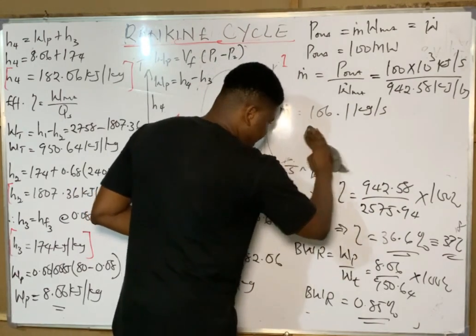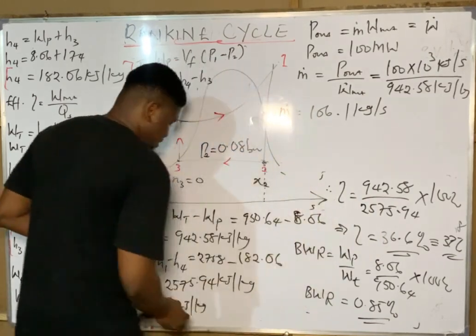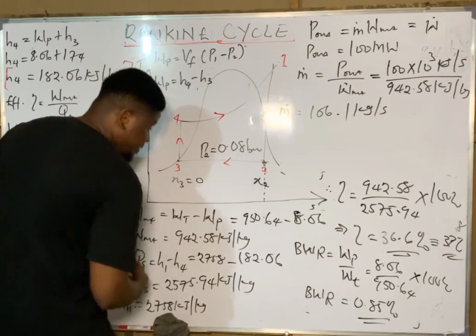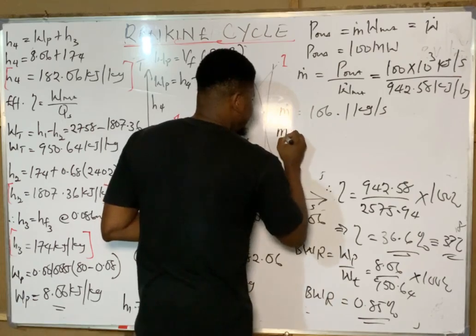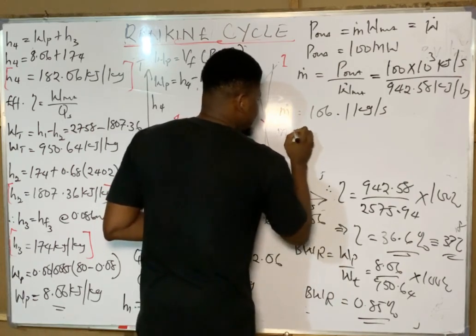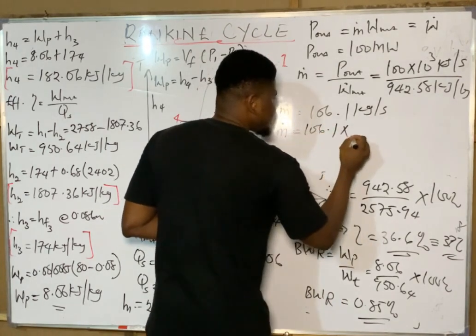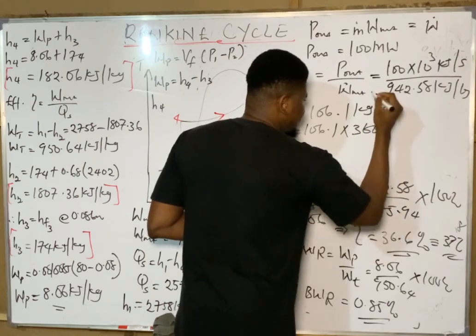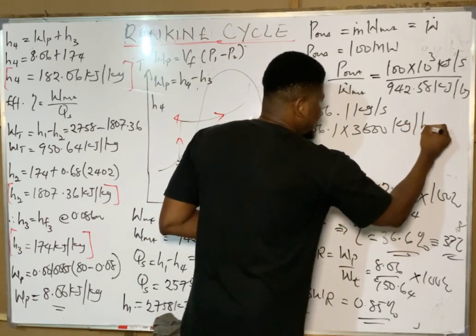But we were asked to find this value in kilograms per hour. So to find it in kilograms per hour, we multiply by 3,600 seconds. So this is going to be 106.1 multiplied by 3,600 seconds. That converts it to kilograms per hour.